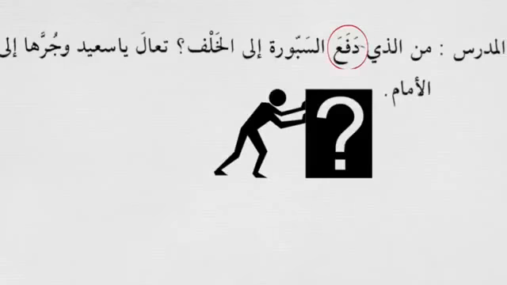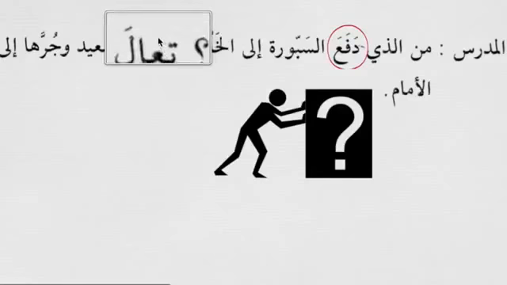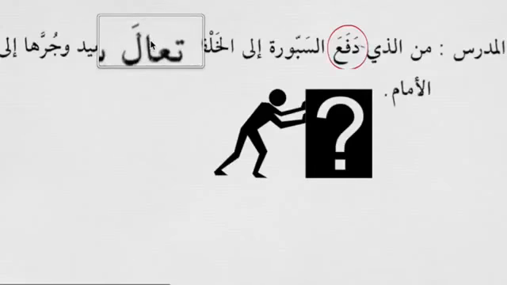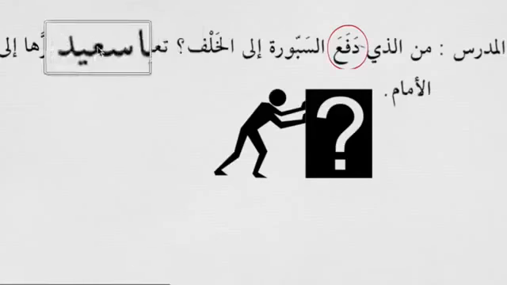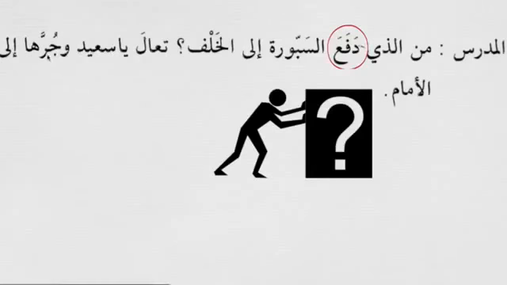Ila al-khalfi, behind. Ta'ala. We have done this fa'al, ta'ala, which comes from ta'ala, and that's an amr, to call. Come here, ya Sa'id. Ta'ala ya Sa'id, come here. Wa Sa'id. Wa jurraha. We know jarra yajurru means to push.